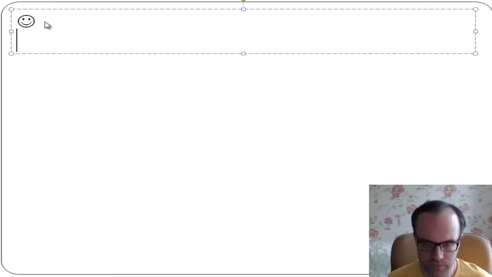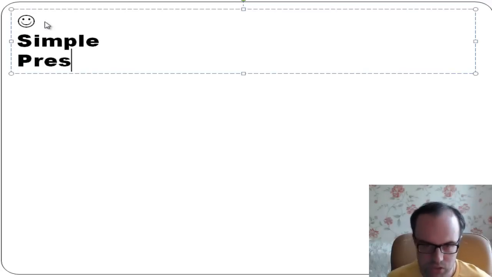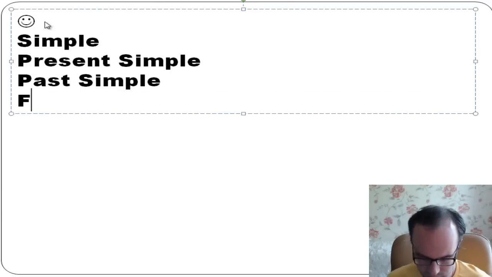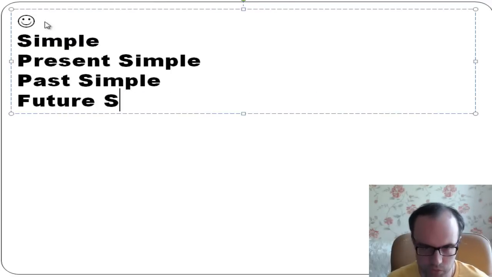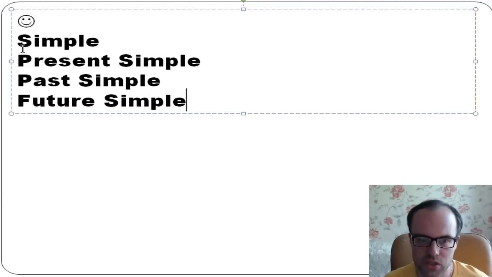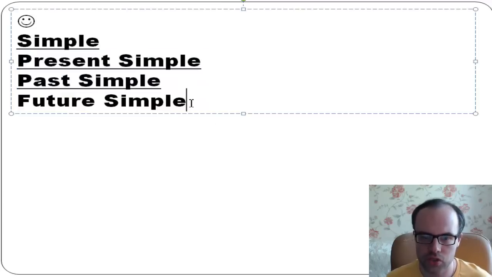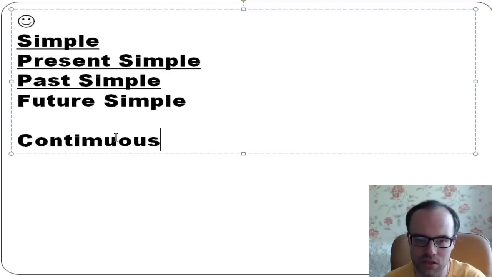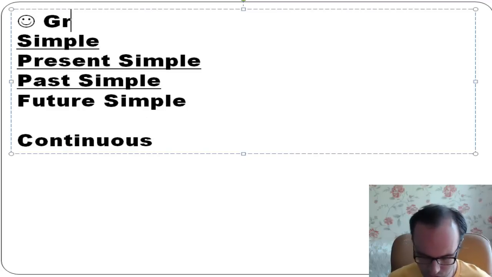And you know that we need to talk about the group simple. So present simple, next past simple, and future simple. We have already talked about present simple and past simple. We also need to talk about future simple, and we talked about the continuous group of tenses.